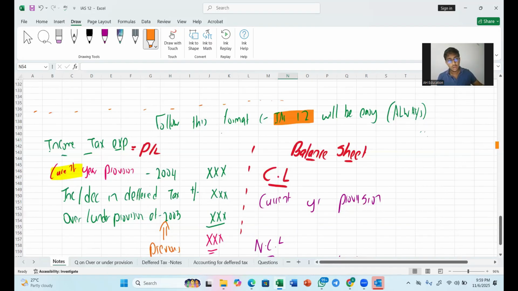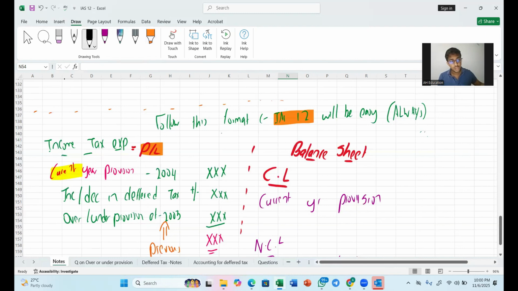Okay. What it needs to include is in terms of your profit or loss. If they ask you all to find out your current year tax expense, you all only need to have 3 lines.